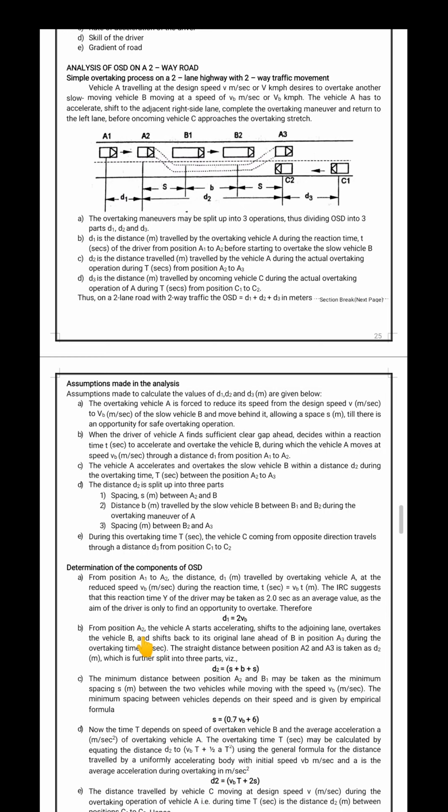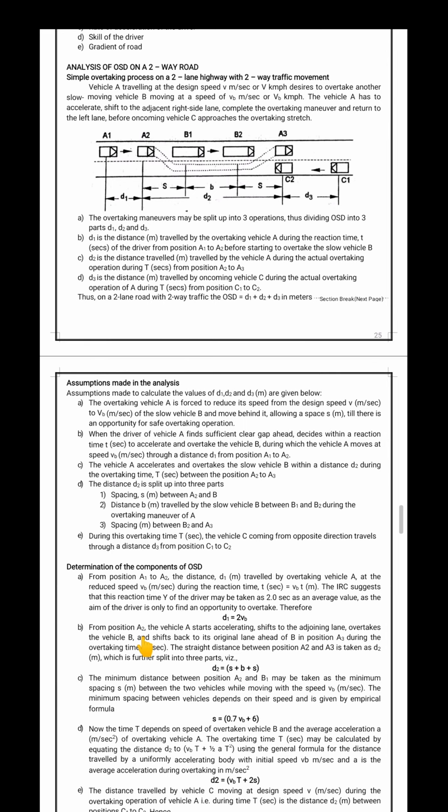See, as usual, before overtaking, what happens on highways is, if your vehicle is running with a speed of 140, let us assume, and you want to overtake the vehicle, initially you will have to check whether the distance available is sufficient or not.